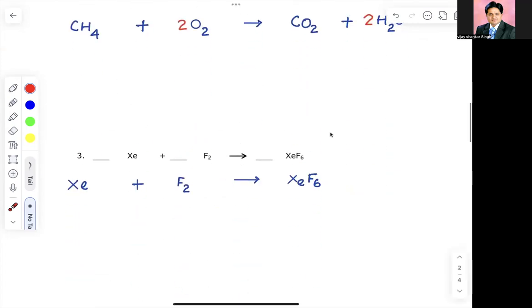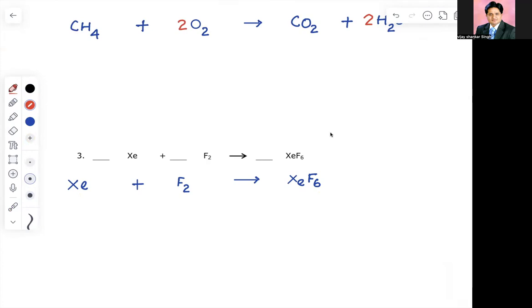Let's take one more. We have xenon reacting with fluorine to give us xenon fluoride. So we have 1 atom of xenon here, 1 atom of xenon here. So that's absolutely fine. We have 2 atoms of fluorine, and here there are 6. So we need to fix this.